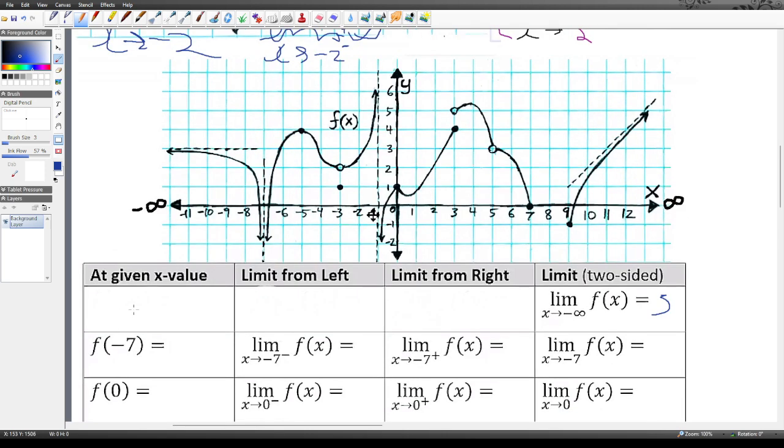Okay, we're going to evaluate -7. Evaluating means we're just going to the exact point in the graph. So -7 would have been here. Let me get a more vibrant color.